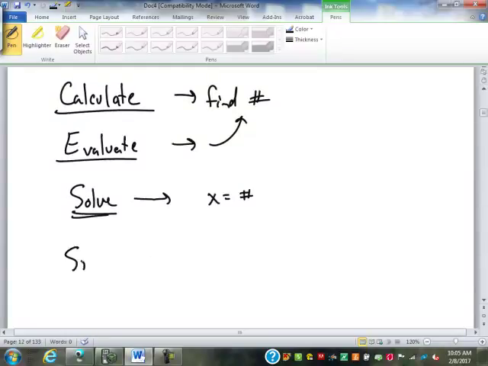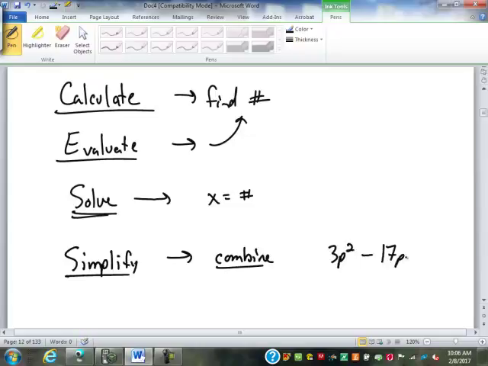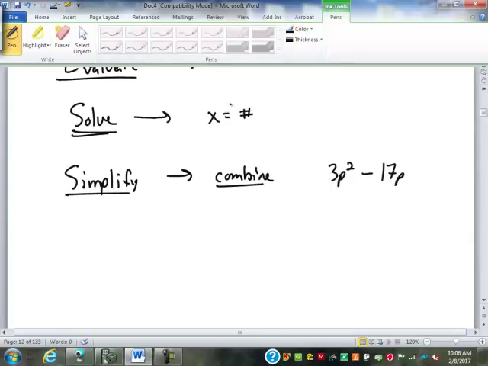And then simplify. When you're asked to simplify, you're going to combine, but you will most likely not get a single number. You might have something like 3p squared minus 17p or whatever. You might not have two separate terms like that. I might give you something like simplify 9x times negative 3x.